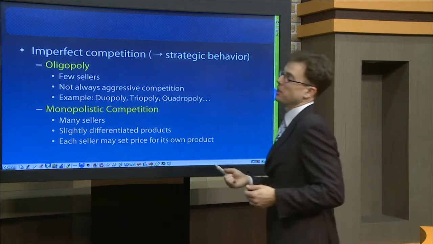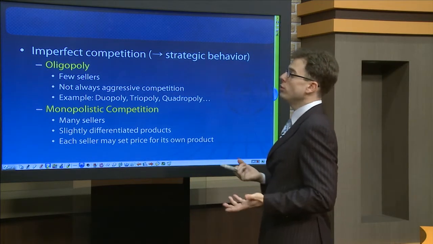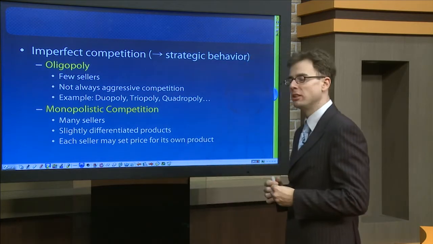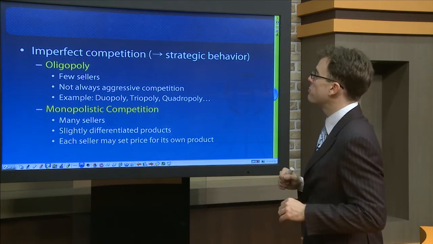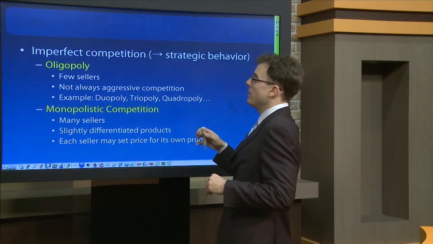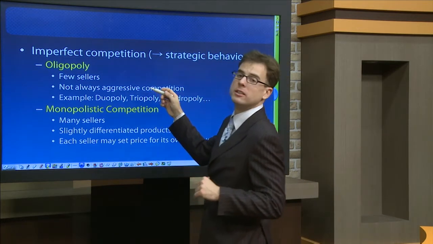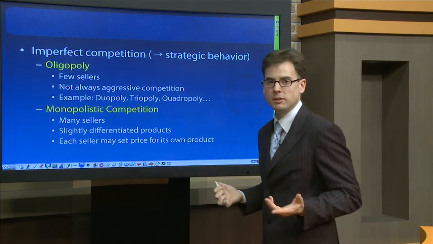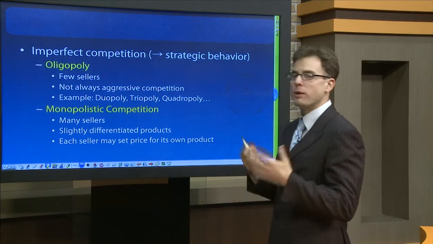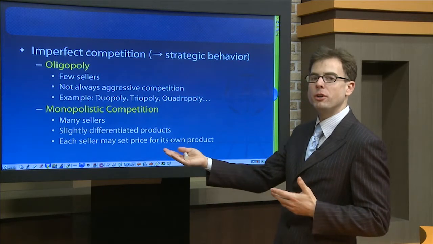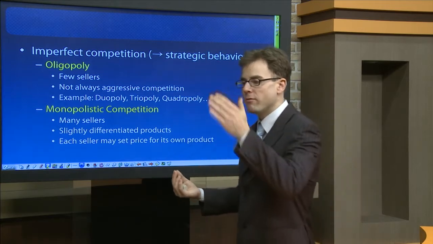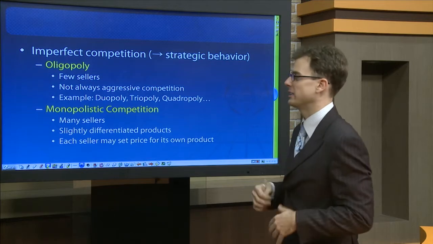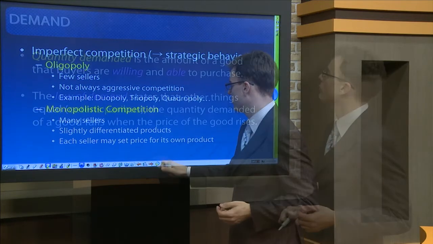In oligopolistic markets, we would say that there are few sellers. It can be 2 sellers, 4 sellers, 10 sellers, a relatively small number of sellers, and there is competition between these producers, but the competition is not too aggressive. Companies recognize that there are few competitors and they don't have an urge to undercut each other's prices as much as in a perfectly competitive market.